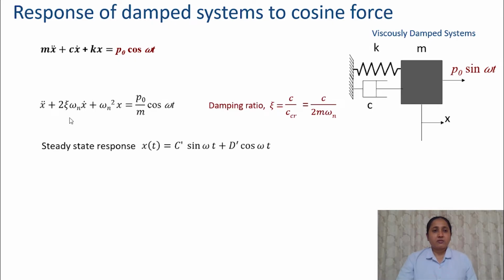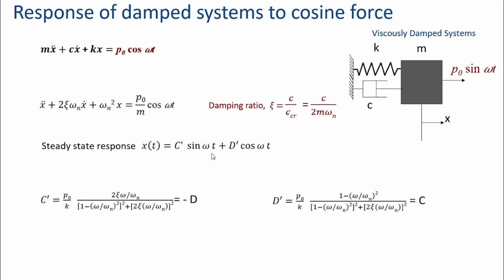The steady state response due to a cosine force is equal to C prime sin omega t plus D prime cos omega t. C prime and D prime can be calculated in a similar way as we did for sine force. If you do the derivation, we would get the values of C prime and D prime as these.